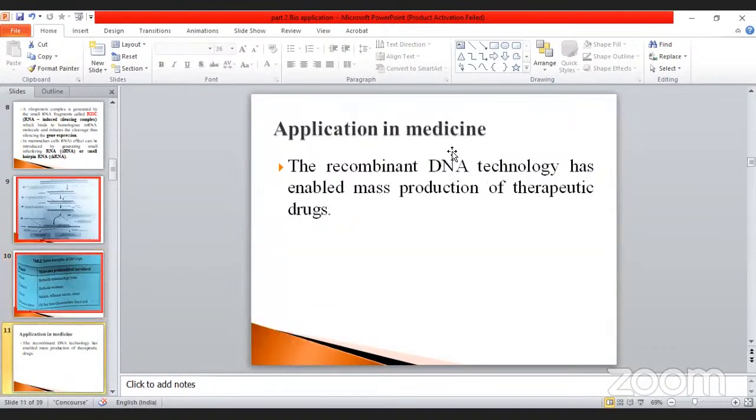What is the next one, my dear students? Applications in medicines. That is a very, very important field nowadays. It's a very important and most vital part of biotechnology or genetic engineering. The recombinant DNA technology has enabled mass production of therapeutic drugs. In our world, nowadays we are facing so many problems. In 1984 onwards, AIDS.